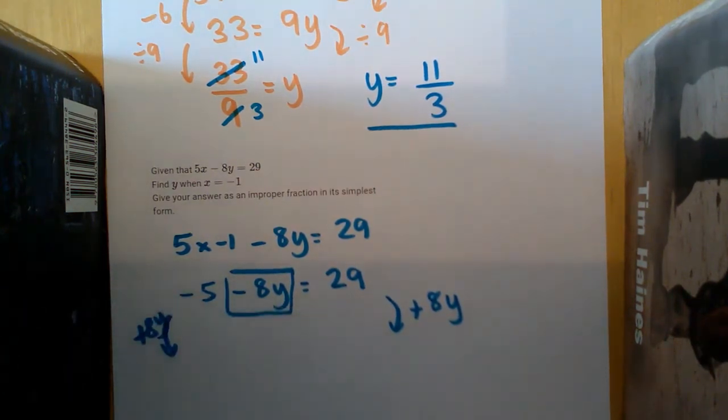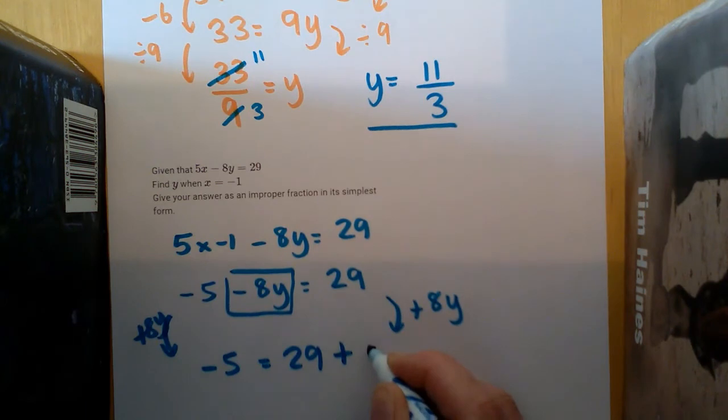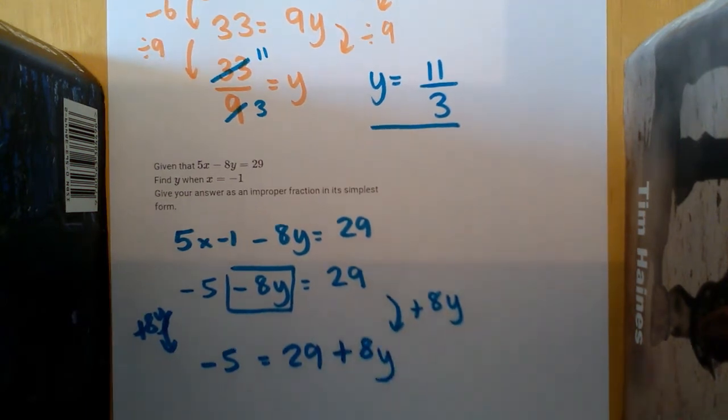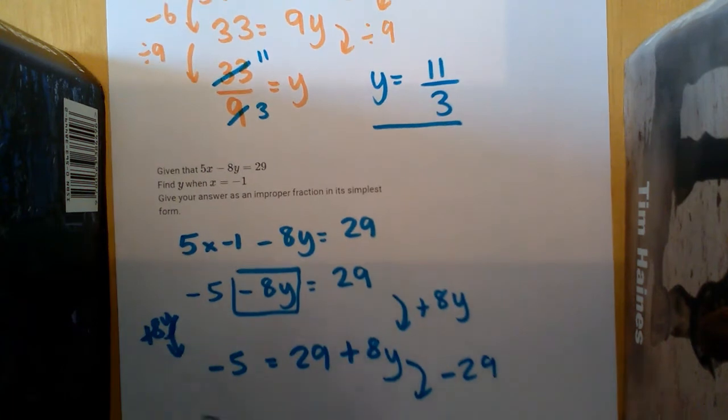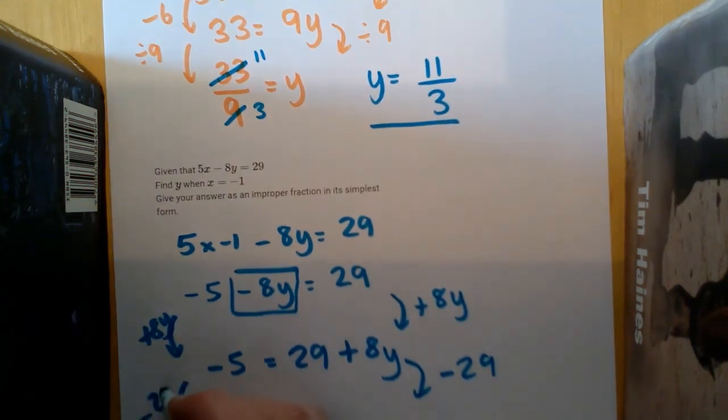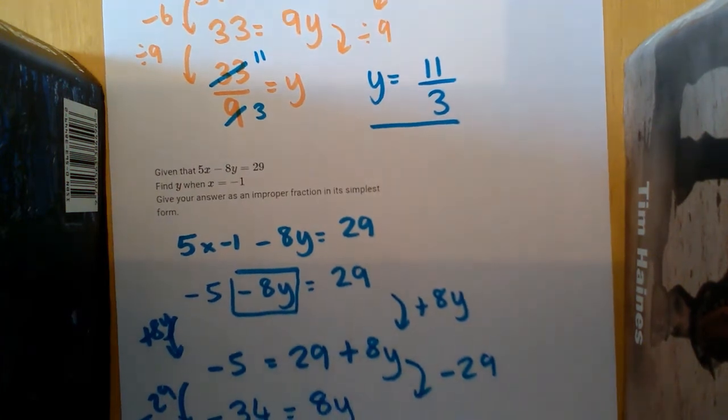So add 8y, and I end up with minus 5 is equal to 29 plus 8y. Next step, take away the 29. So we take away 29, and we end up with minus 5 take away 29 is minus 34 is equal to 8y.